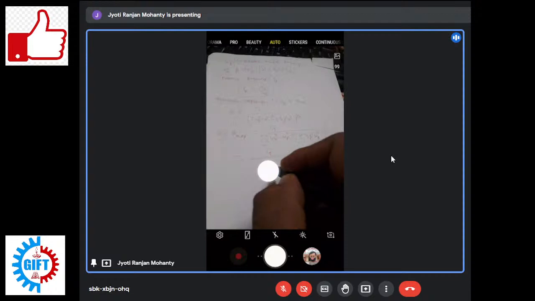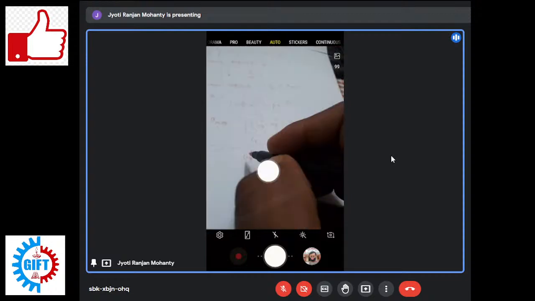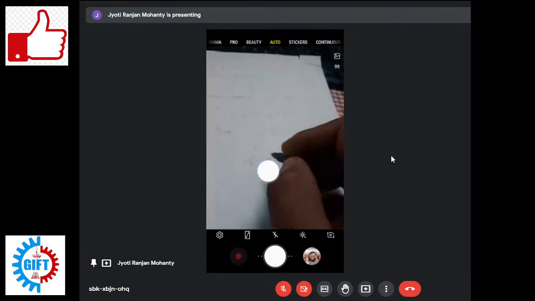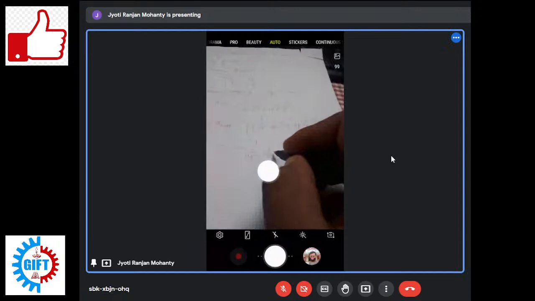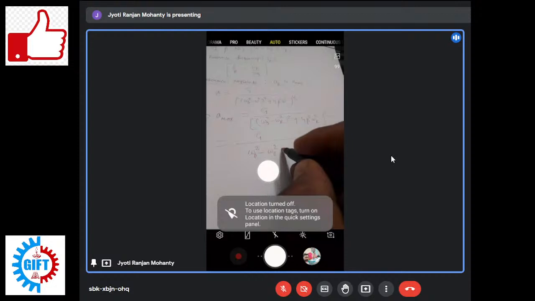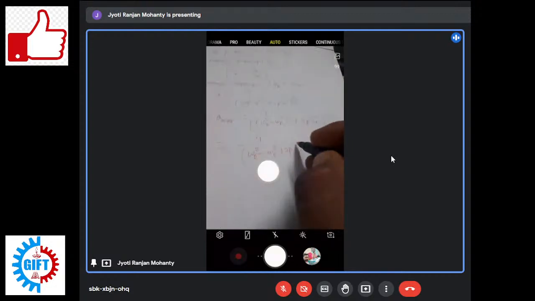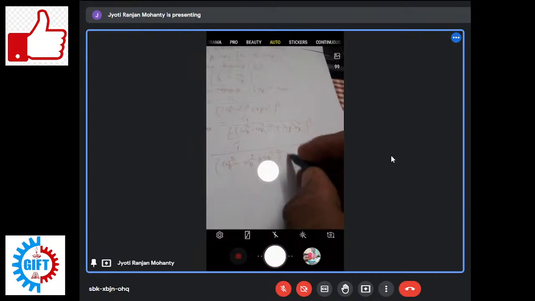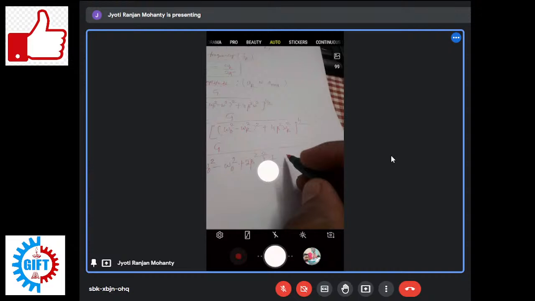What is omega r square from equation 1? Omega r square is equal to omega naught square minus 2 beta square, under root. Minus 2 beta square means I have written plus 2 beta square. So directly I have, whole square divided by plus 4 beta square.